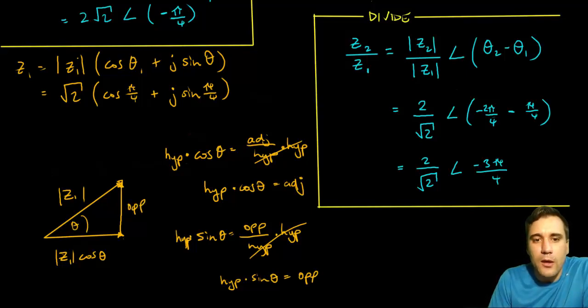Here's the angle, here's the opposite side, and so this side here, that's what we're doing. We're saying, well, when we distribute this out, we're going to get the magnitude multiplied by this J sine pi over 4. So this is magnitude of Z1 times sine pi on 4 in the J direction.